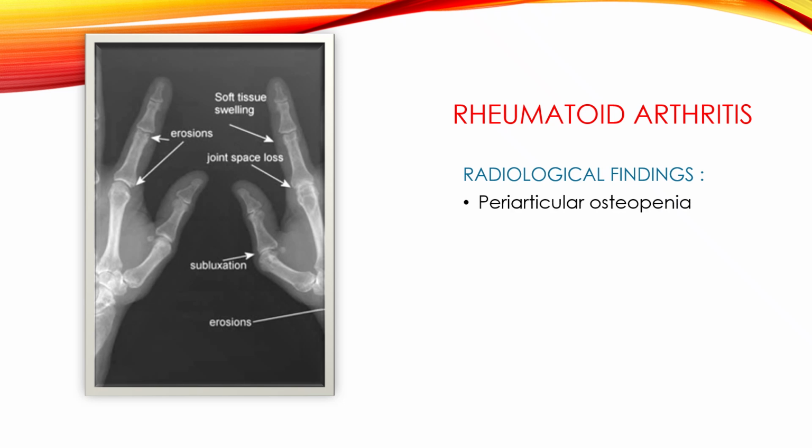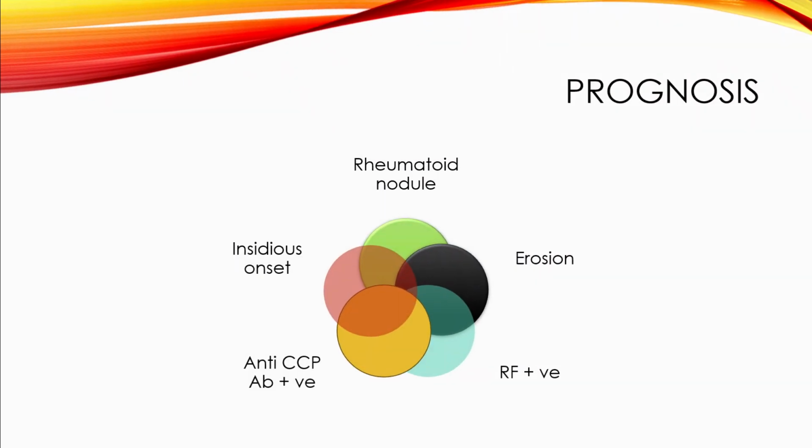We find periarticular osteopenia, osteoporosis, erosion, subluxation. And let's talk about the prognosis. Poor prognostic features are rheumatoid nodule, erosion, rheumatoid factor positive, anti-CCP antibody positive, which we call ACPA, and insidious onset. These are the poor prognostic features.